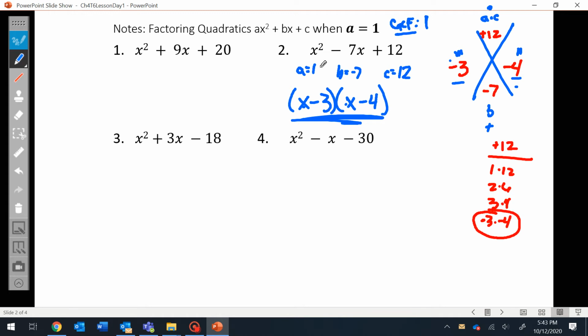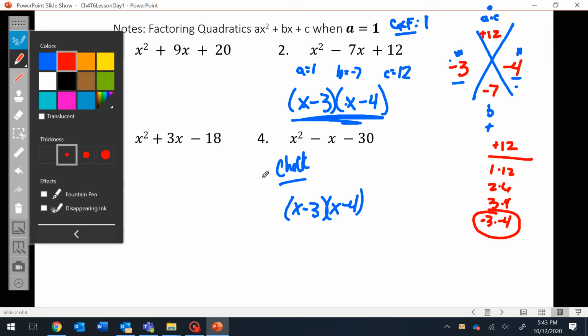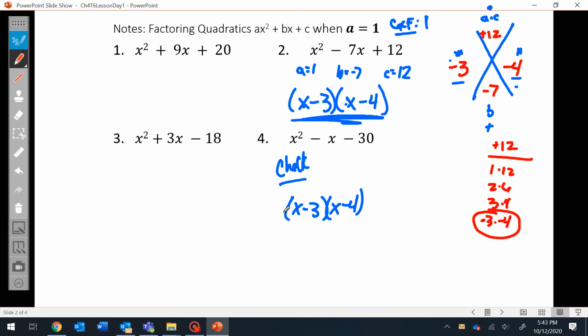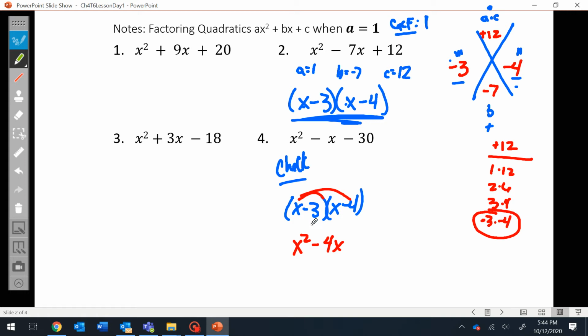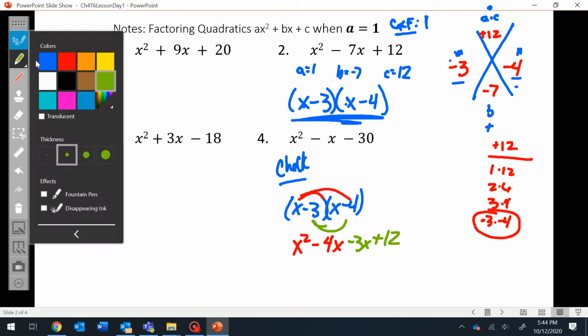Now, of course, I can check this using the distributive property. So I'm going to check x minus 3, x minus 4. X times x is x squared, x times -4 is -4x. -3 times x is -3x, -3 times -4 is positive 12.